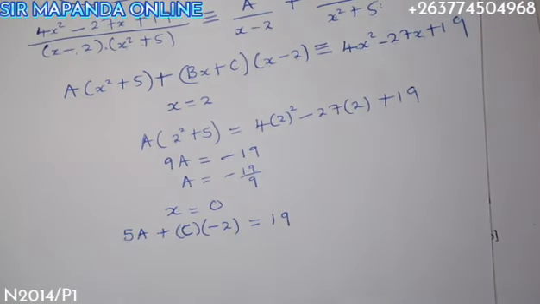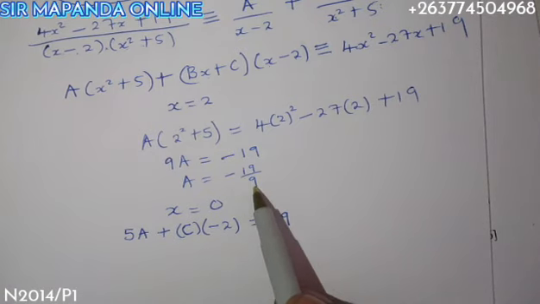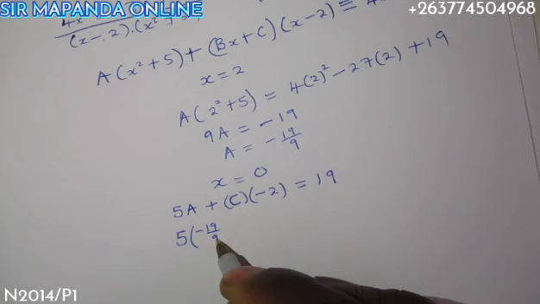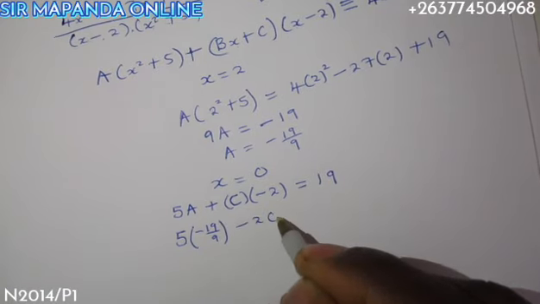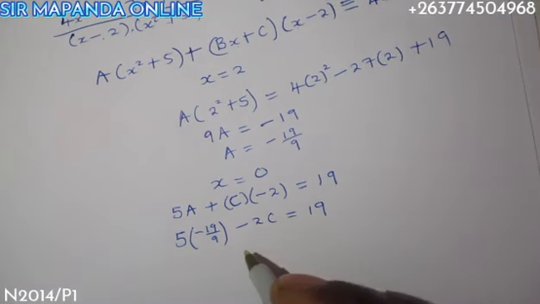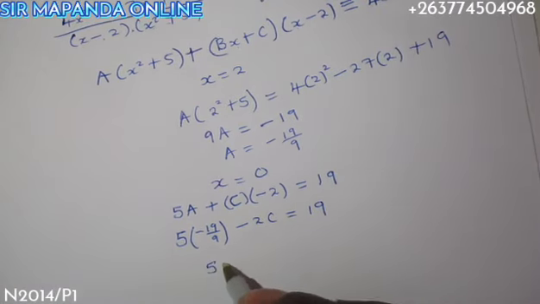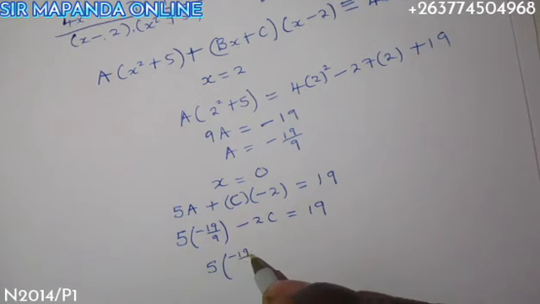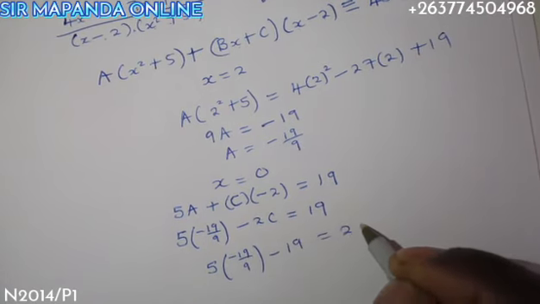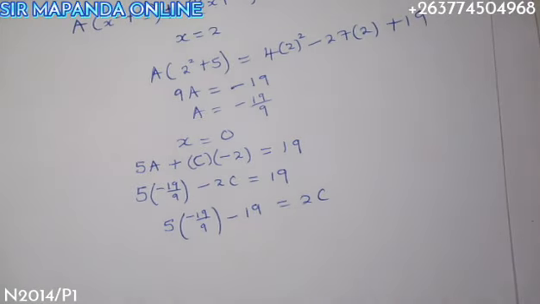If you place 0 on x, you'll be left with 19 on your right side. So since a is now known as minus 19 over 9, you substitute minus 19 over 9 on a: 5a minus 2c is equal to 19. Then 5 times minus 19 over 9 minus 19 is going to be equivalent to 2c, moving 2c to the right and 19 to the left.